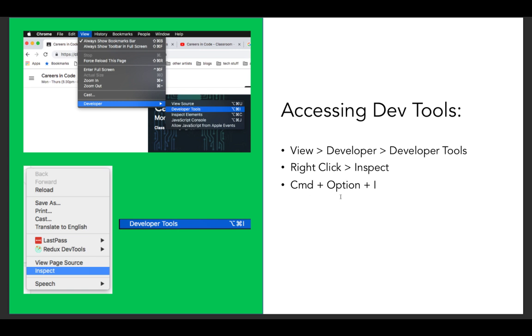So Command Option, same key, and that is an I, not an L. Until you get comfortable with the shortcut, I would personally say inspect is probably the nice middle ground in terms of getting there.